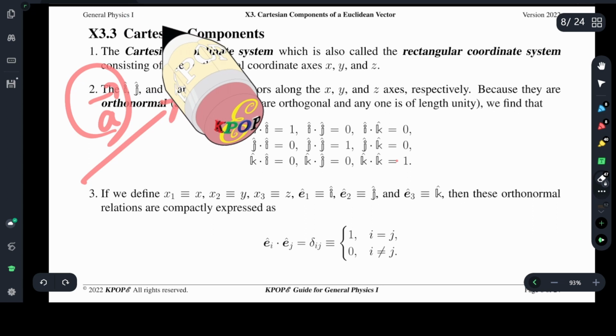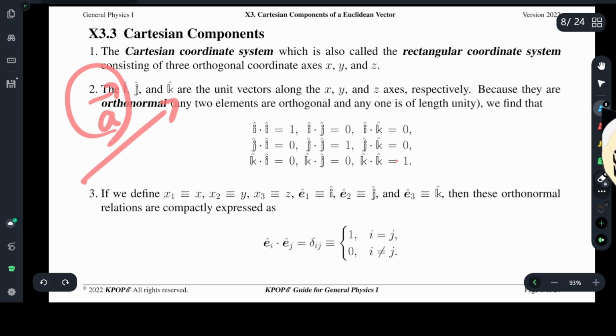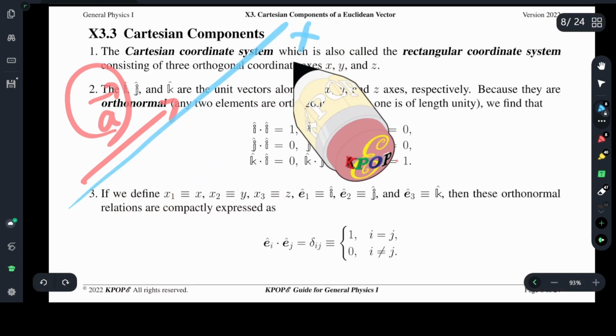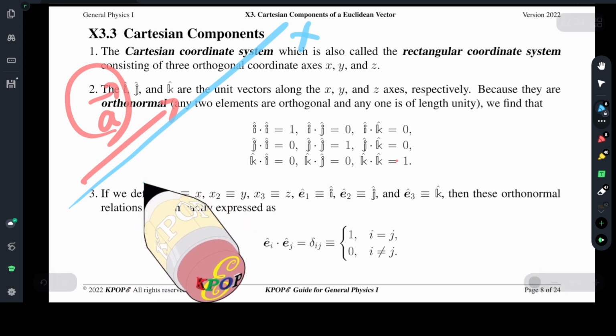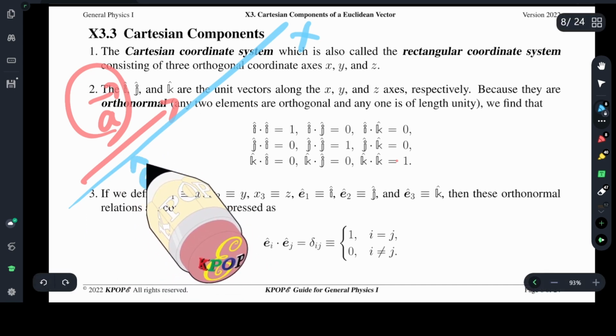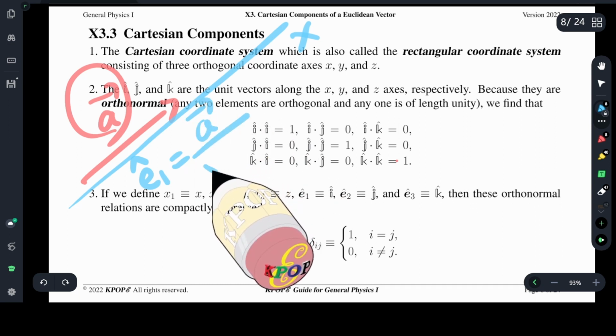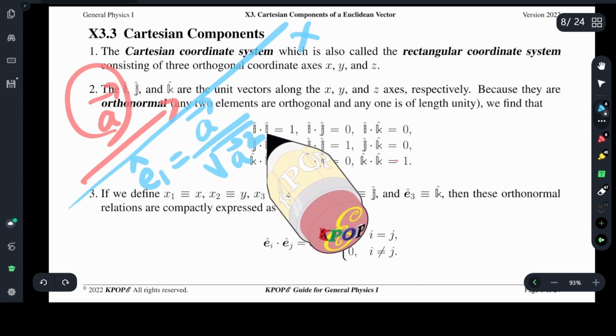If you have a single vector, the most convenient way is to introduce an x-axis parallel to A and introduce the unit vector, a simple unit vector parallel to A. This is the simplistic case.